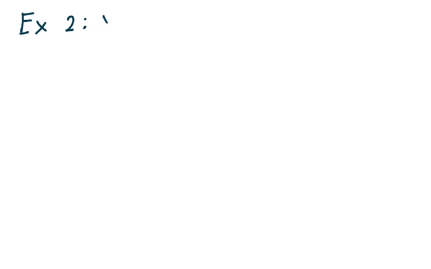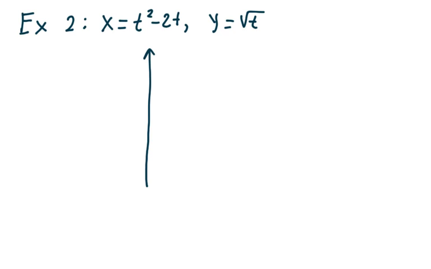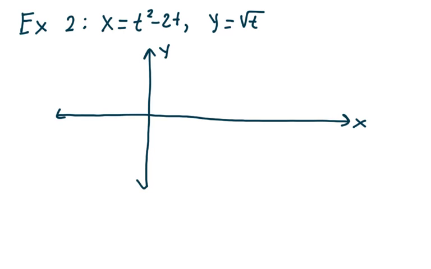Suppose I'm given the parametric equations x equals t squared minus 2t and y equals the square root of t. So I want to look at the shaded region that I'm going to find the area of. So here we have x and y.